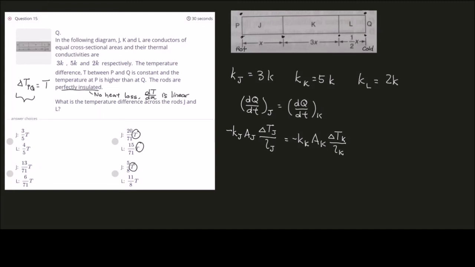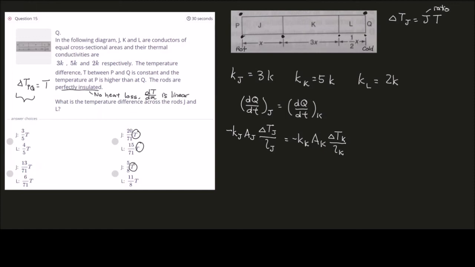So what I would think is I'll probably change things up a little bit, and I'll express the difference in temperature for rod J to be equal to J times T. So it means the temperature difference between here and here is equal to a ratio of something from here to here. So J here represents a ratio.